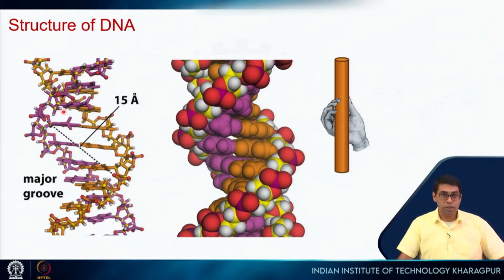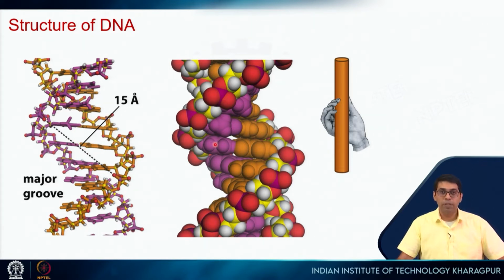Now if you look at the structure of the DNA, even though it is helical, it is not symmetric. What I mean by that is, if we look at the distance between the two strands, it turns out that the distances are of two types. In this case you see the distance is 15 angstrom. This creates a groove.